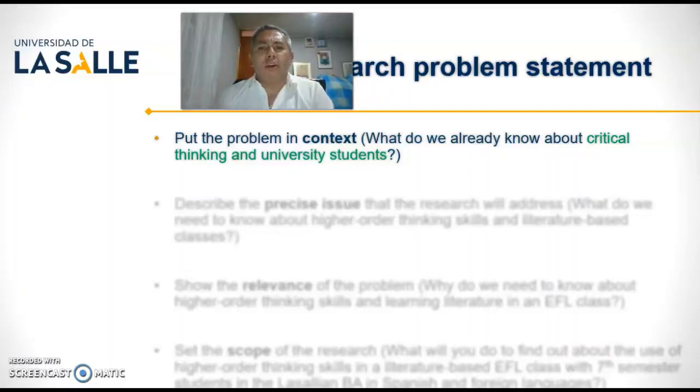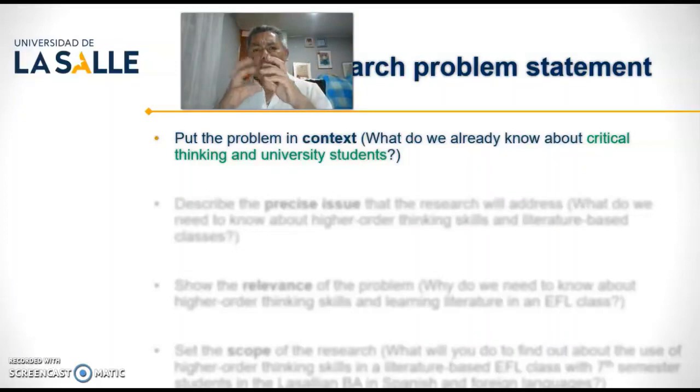What do we already know about critical thinking and university students? This can be general, one, two, three paragraphs, but here in your presentation it is something very concrete, very precise, of what theorists say about critical thinking and how they relate critical thinking to university students.